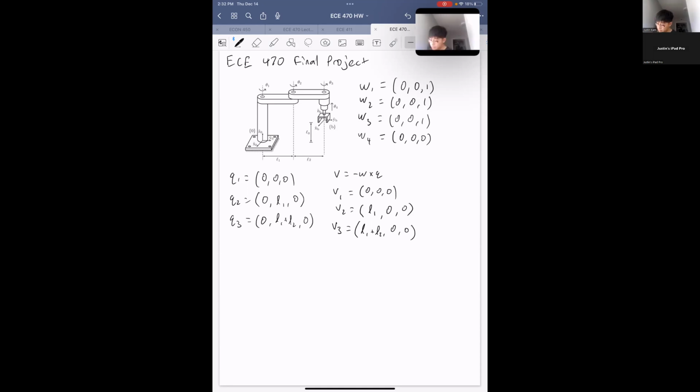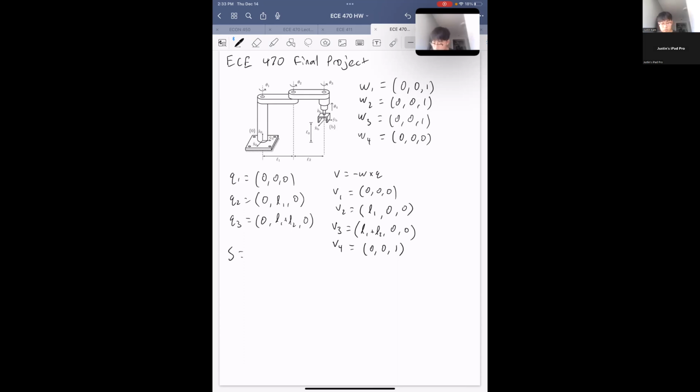And then finally for v4, for a prismatic joint, the velocity is just in the direction of the motion. So we can see that theta 4 is going in the positive z direction. So v4 is going to be equal to 0, 0, 1. Now we need to create the screw vectors.